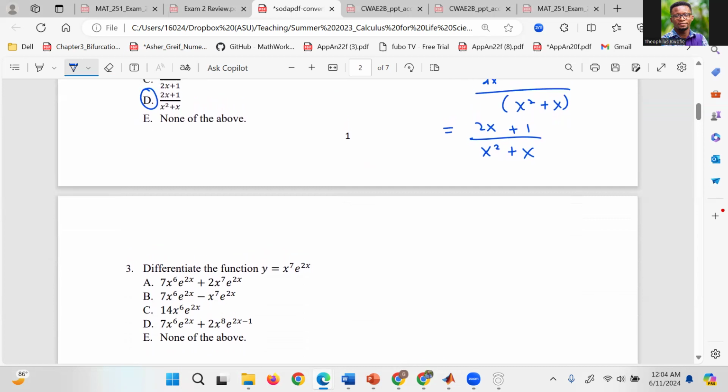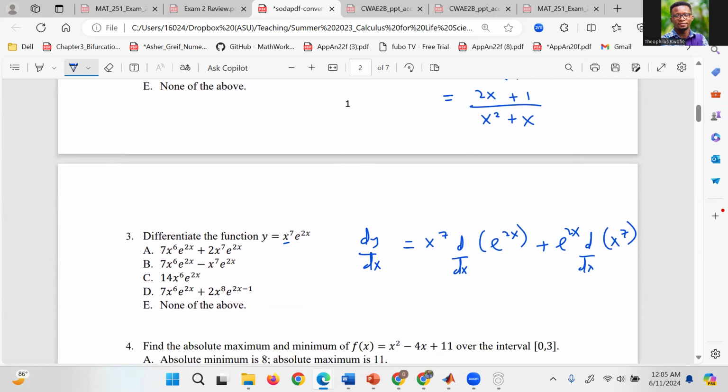Now, how do we differentiate the product of two functions? We use the product rule. So what happens is that our dy/dx, we can cover this, then we differentiate e to the power 2x, then plus, we cover 2x, then differentiate x to the power 7.